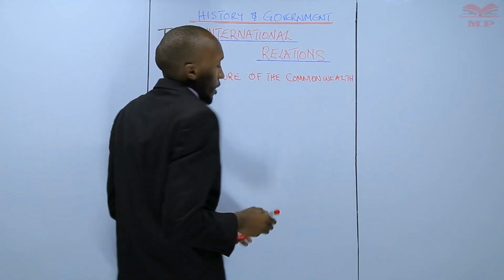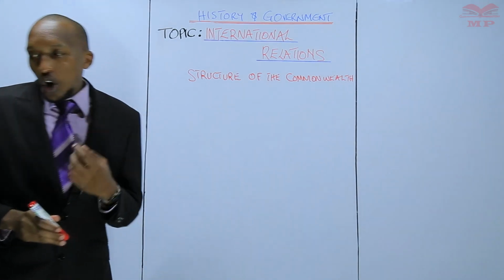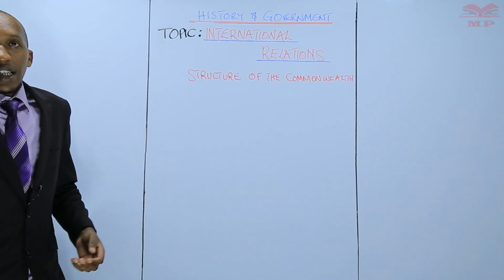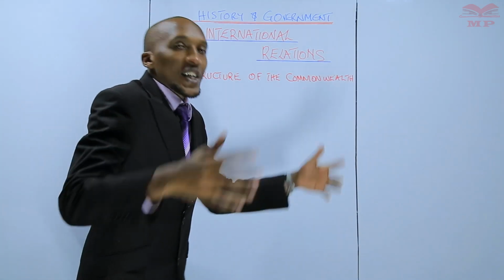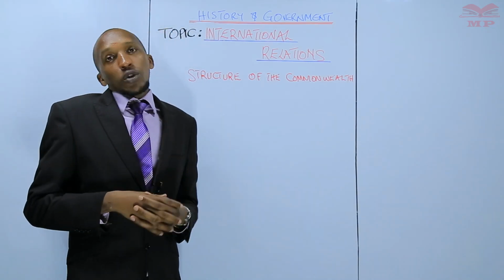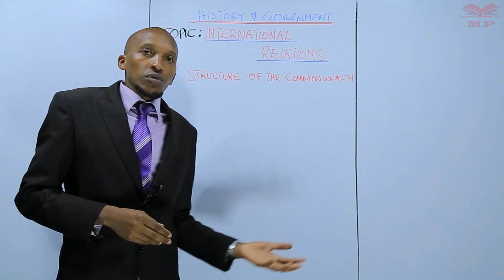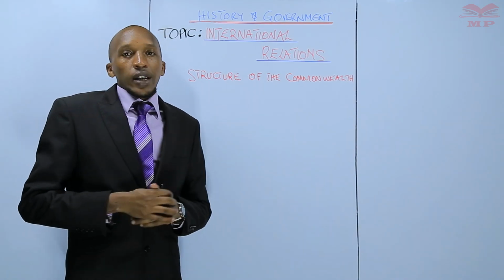When you talk of the structure, it is the substance, what encompasses and makes up the Commonwealth. How does it operate? Is it similar to the United Nations? We are going to know in our lesson today.